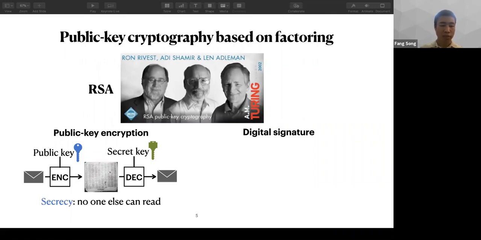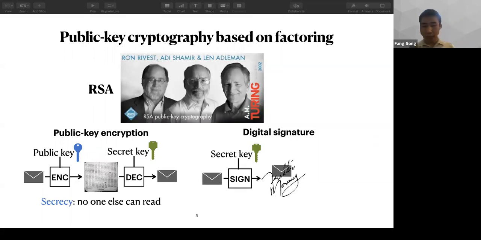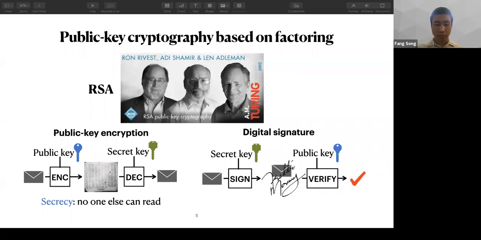So this provides secrecy. On the other hand, digital signature is concerned with integrity. We want to make sure the message when received is not modified by any attacker. So the sender would sign a message using his or her secret key, which the receiver can verify using the corresponding public key.